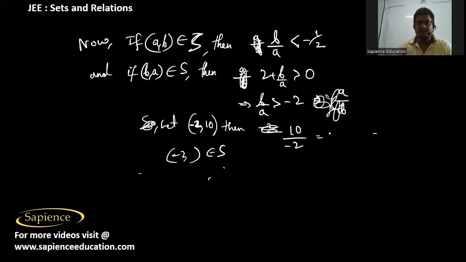Then 10 by minus 2 is minus 5, which is obviously less than minus half.